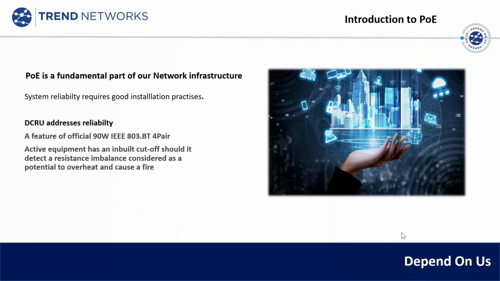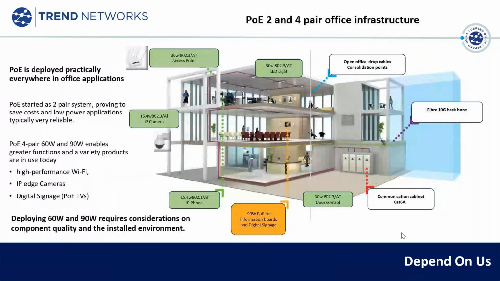So let's take some steps and look at what we already know. We already know power over Ethernet is deployed practically everywhere in office applications. We know it's quite common. And in the 2-pair applications, it's quite reliable. There's not much to do because vendors have built the product very well. Cabling vendors also have very good component level constructions, and installers are pretty good at what they do.